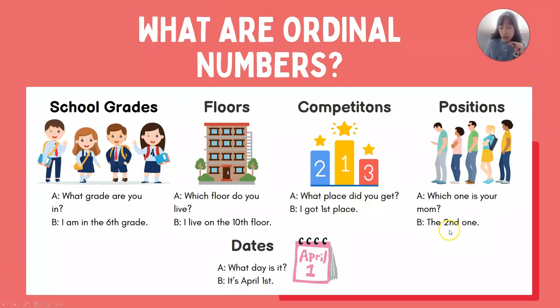Did I say 2? I didn't say 2. It has a different word, right? I said the second one, second. So these are what we call ordinal numbers. They're numbers that are used to put things in order. For example, grades, floors, competitions, positions, and dates.